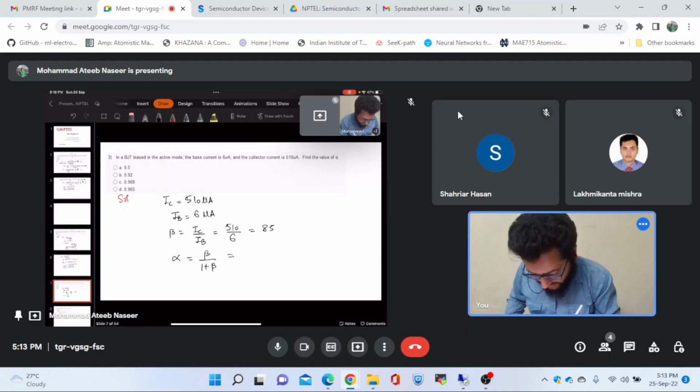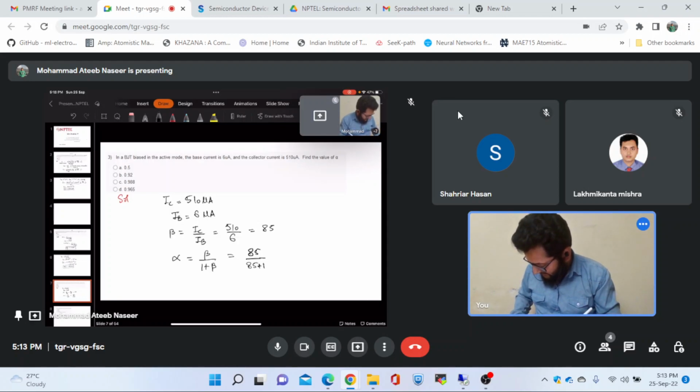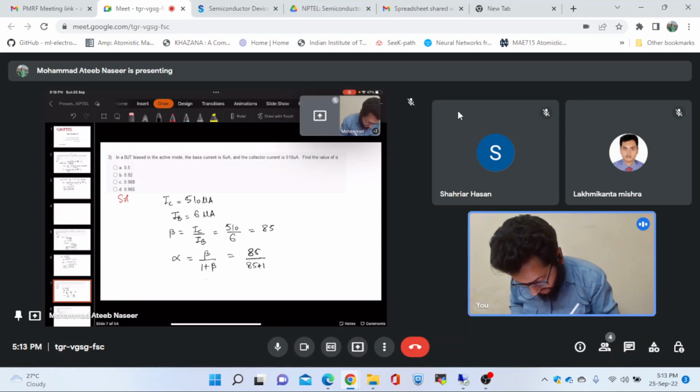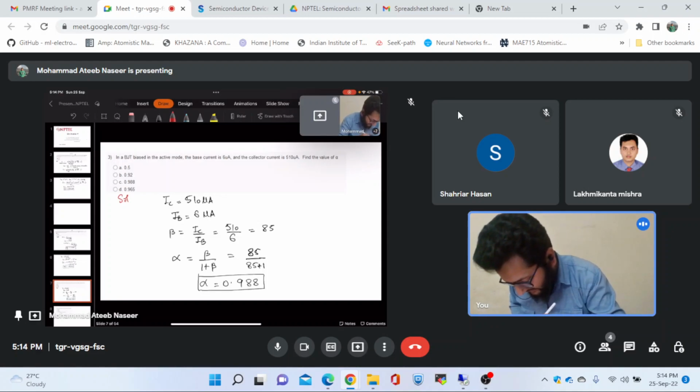So it will simply be 85 divided by 85 plus 1. So it is 85 divided by 86. It will come out to be 0.988. So we will go with option C.